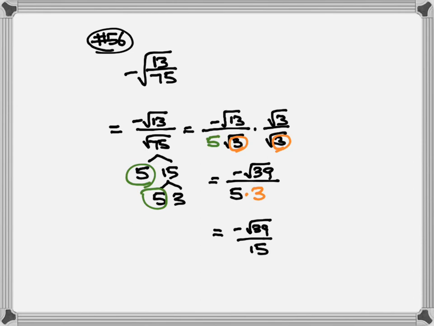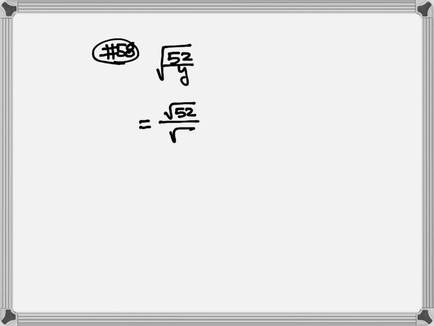Next, let's look at number 58. Number 58, we have square root of 52 over y. Again, two-story house. You want to break it down into apartments, one on the top, one on the bottom.